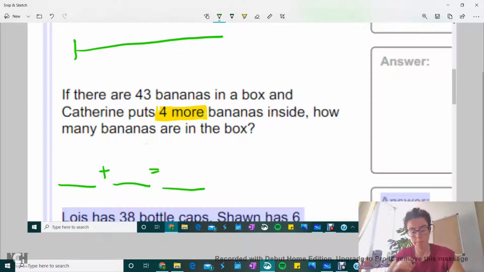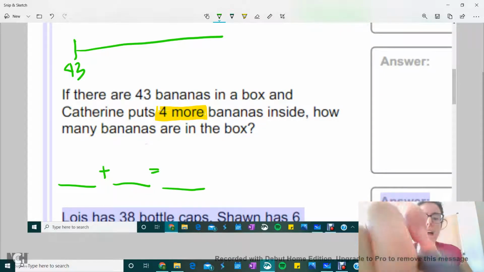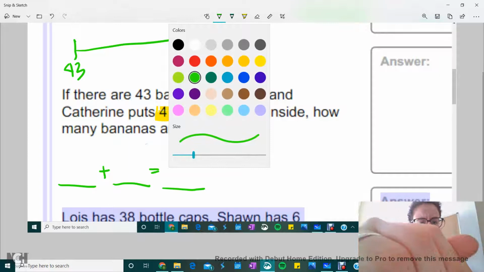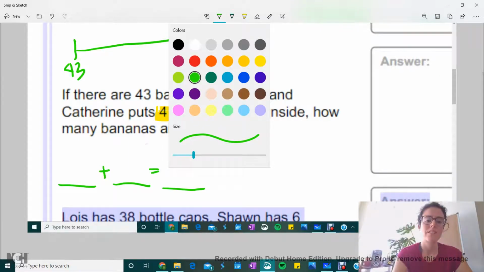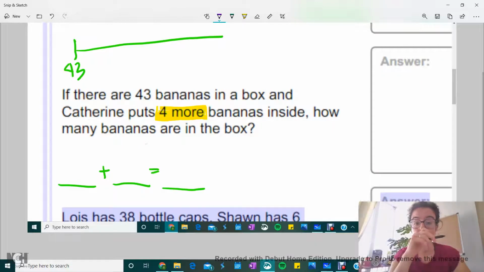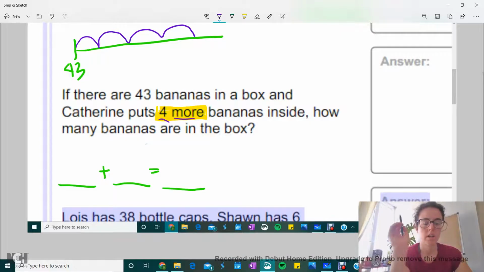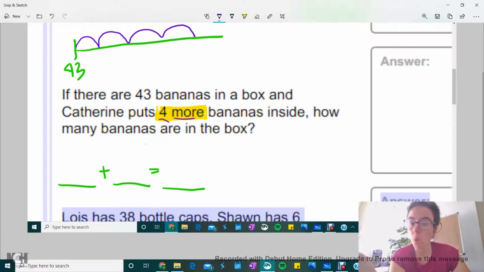I'm going to start with my number line. So I have 43. And how many hops do I have to do? That's right. I have to do 4 hops because there are 4 more. So let's count. 1, 2, 3, 4. And now I just count up by 1 because, well, it's addition.